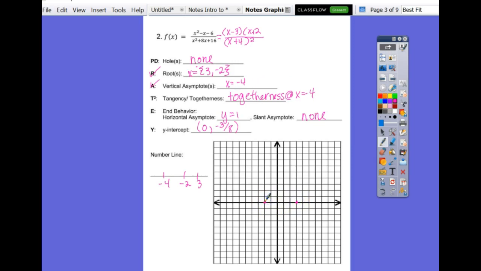My y-intercept is 0, -3/8. I don't have a hole. So let's go ahead and put in our asymptotes. So x equals -4. And my horizontal asymptote is y equals 1.